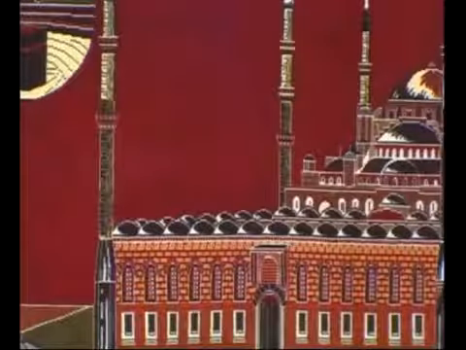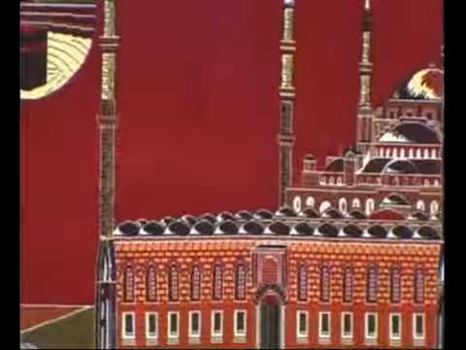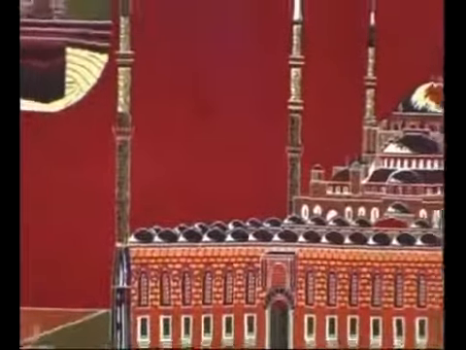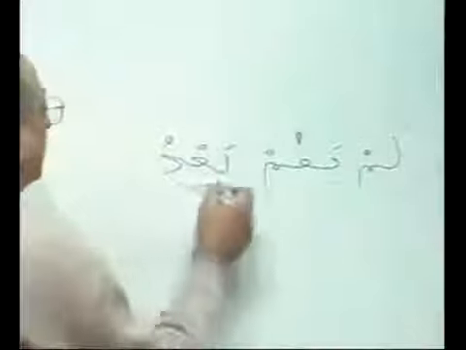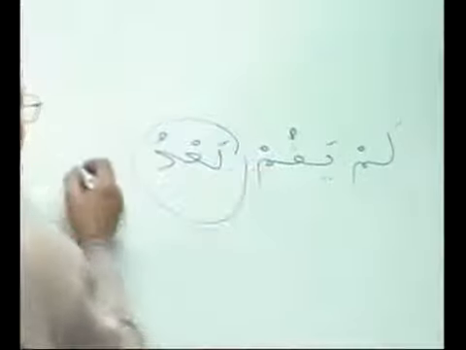Yakum. Lam yakum ba'du. Not yet. What will you say? Lam yakum ba'du. Remember ba'du? Let me write down, brother. Lam yakum ba'du. What is the meaning of ba'du? Yet.